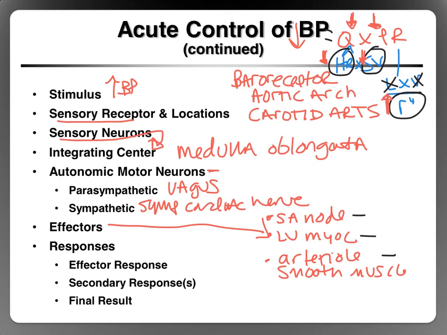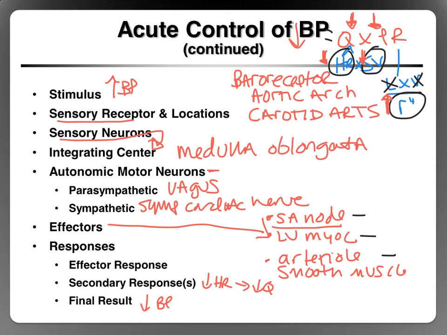So, if you want to decrease heart rate, your effector response is going to be to tell the SA node to fire at a slower rate. Okay? If it fires at a slower rate, you're going to get a reduction in heart rate and a reduction in cardiac output, therefore a reduction in blood pressure.